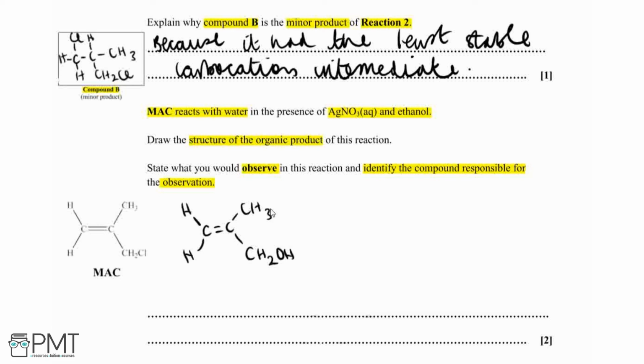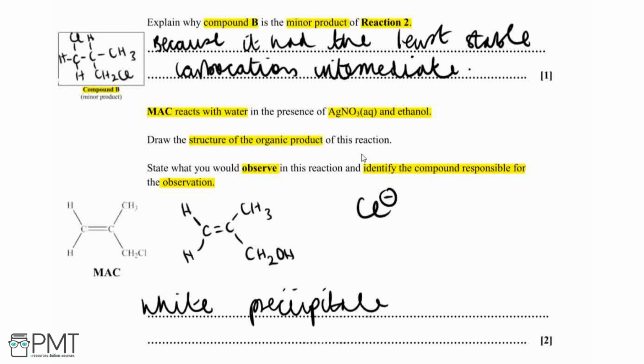And what we would observe would be a white precipitate overall. That is because when we get our hydrolysis of this bond, we're going to produce some chloride ions, and the test with our silver nitrate is the test for chloride ions.